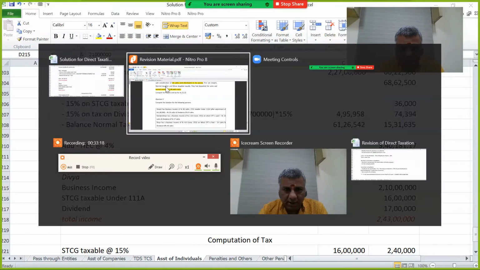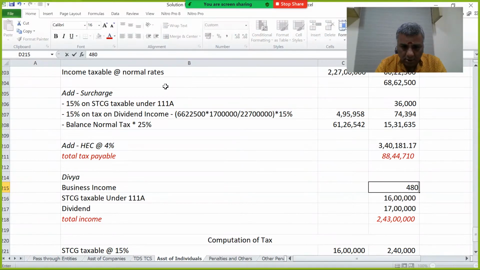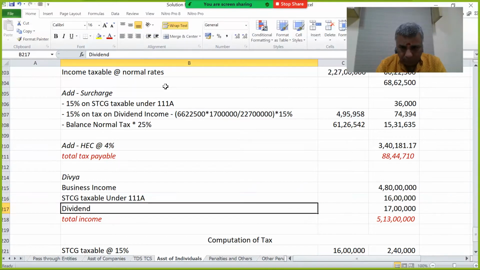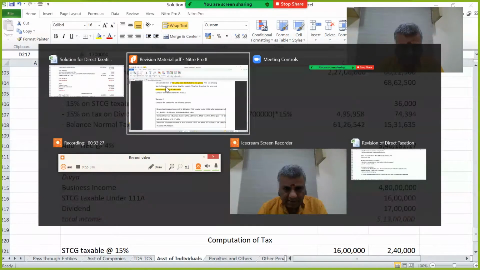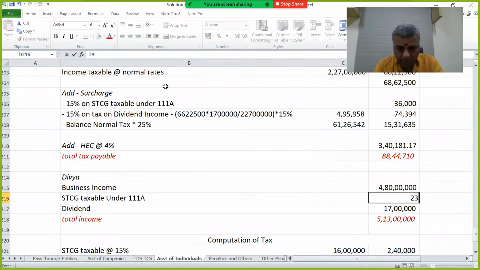Business income is 4 crore 80 lakhs. STCG is 23 lakhs. This is 45 lakhs.